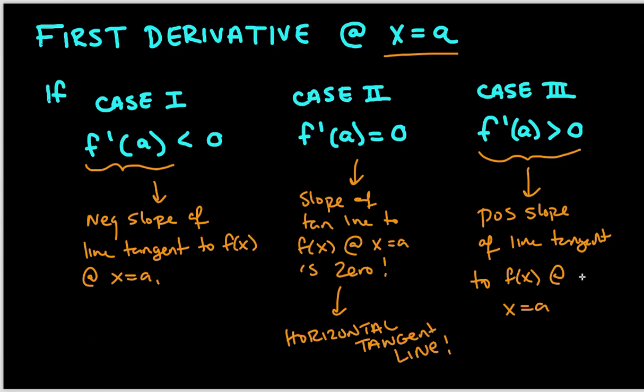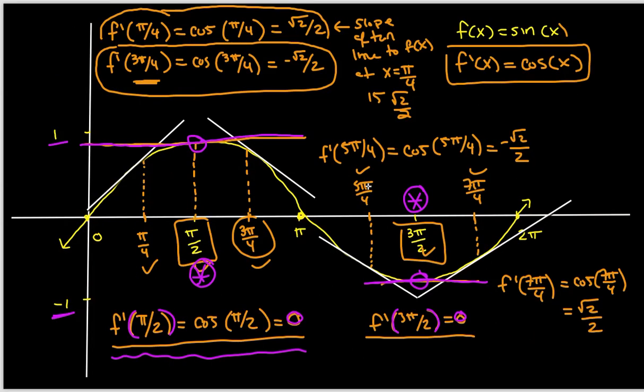So when you have a positive slope on the tangent line, you have an increasing function. And when you have a negative slope on the tangent line, like right here or right here, you can see that the function's value is decreasing.